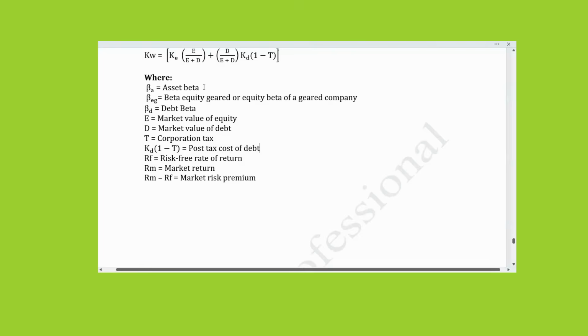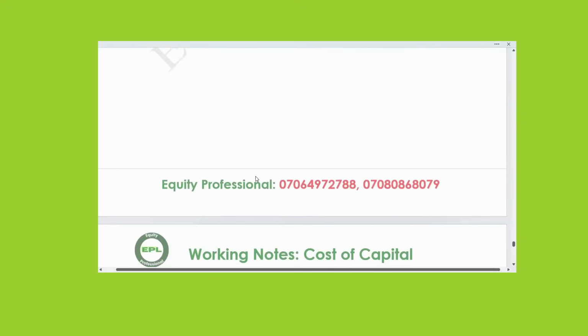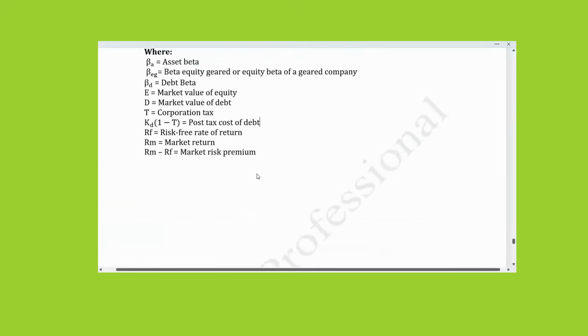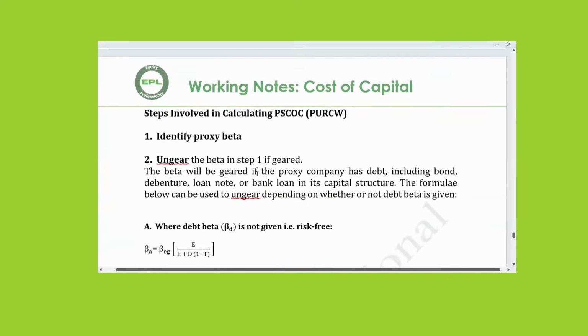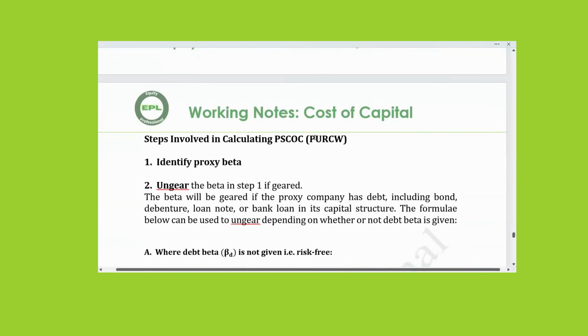So that's that. So at this point, we can then have an illustration. These are the procedures you are going to carry out anytime you want to calculate project-specific cost of capital. Like I said, the first step is to identify the proxy beta. Step 2, you ungear the beta if it is geared.